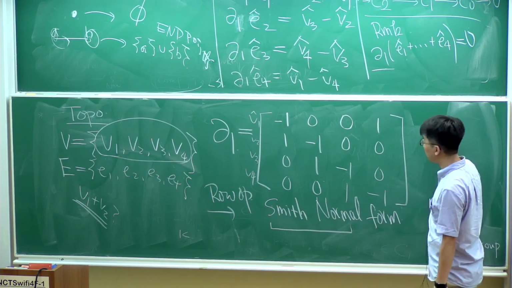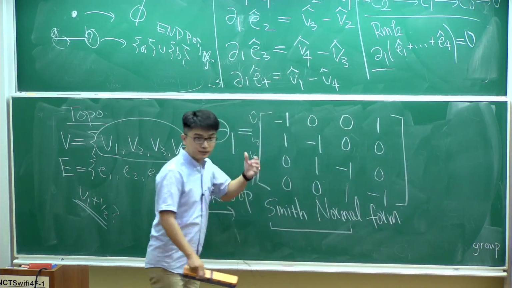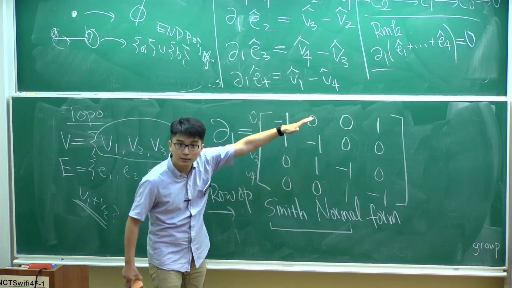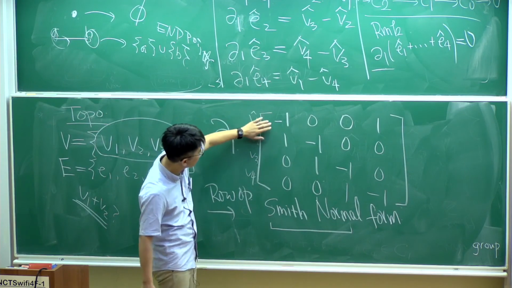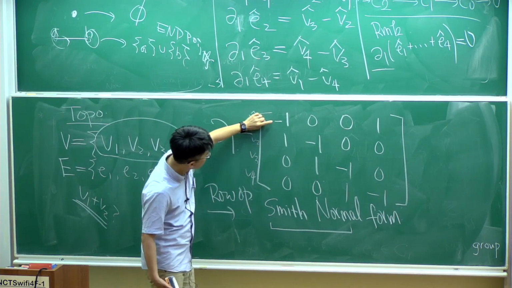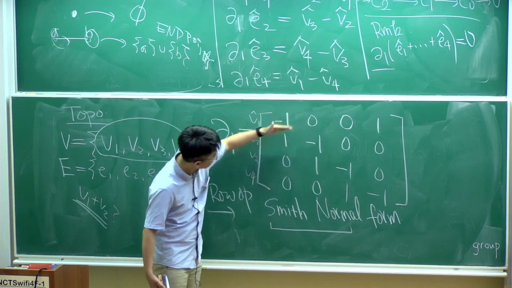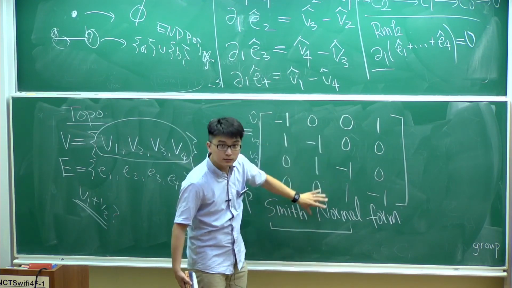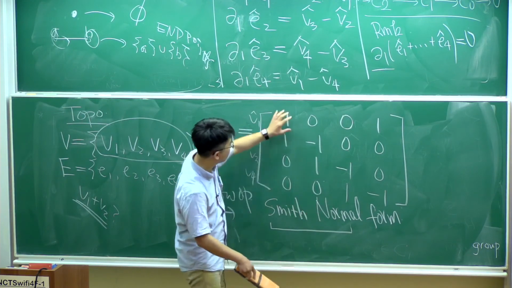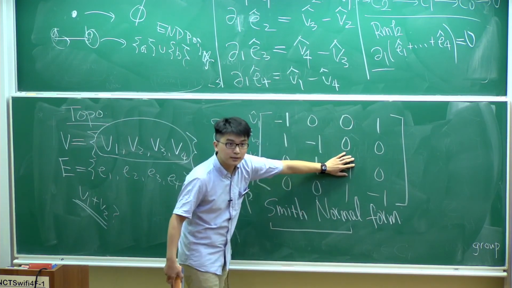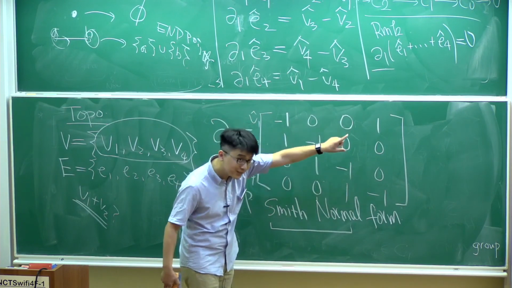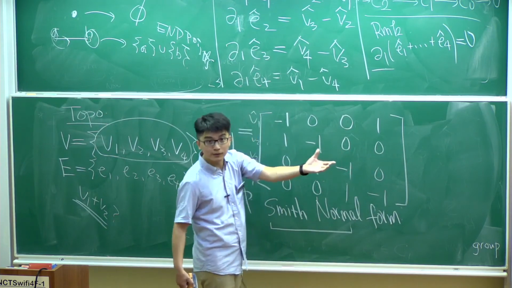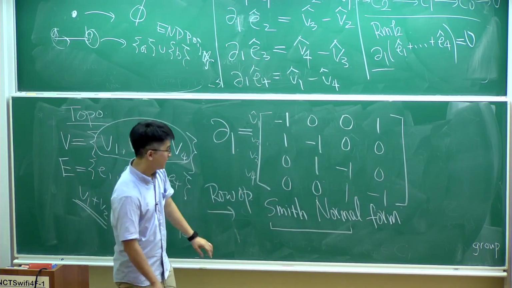I will skip all the details. I'll just go through it in our mind. You can do the row operation. You can also do the column operation, whichever you're familiar with. If you want to do row operations, you add the first row to the second. This will cancel. You move on to the second stage. That's how you do it. And you can find the pivots. That will be the dimension of the image. And the number of free variables will be the dimension of the kernel. Cool? Okay.